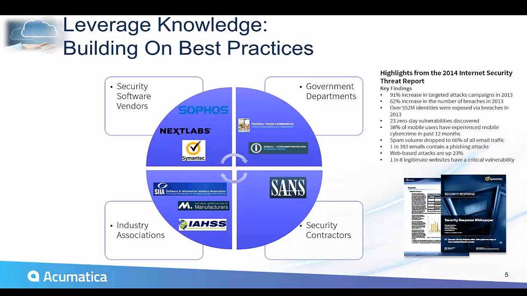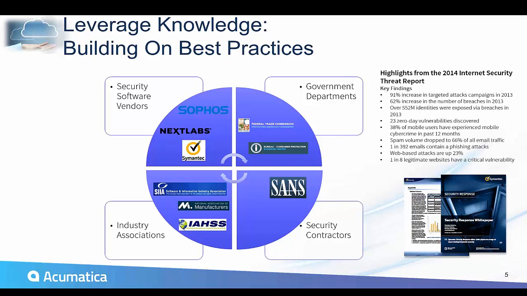So again, the good news is, with all of these challenges and risks that exist out there, you can take action at very low or no cost to do the basics to protect yourselves. And where are some of the best practices you can find? Again, government departments, I've already talked about some of these, like the Federal Trade Commission, the Bureau of Consumer Protection, and security software vendors.